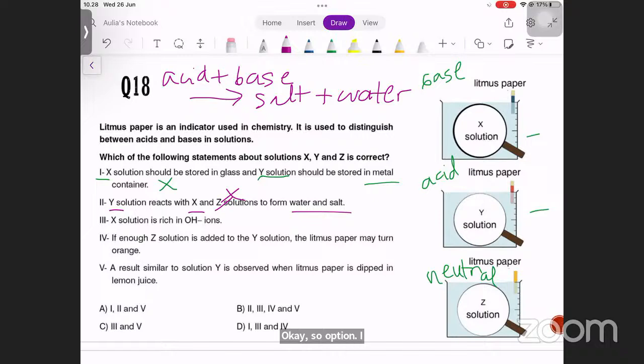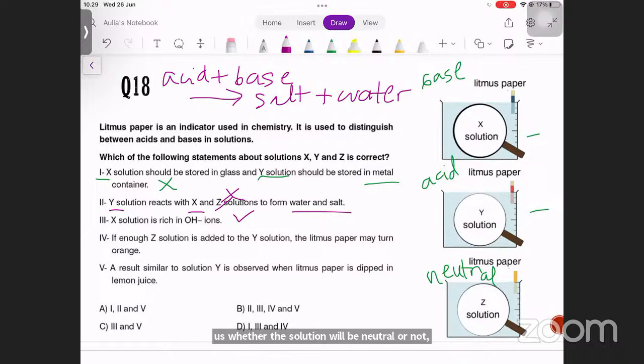Statement three, X solution is rich with OH ions. As you know, I believe base contains OH ion, acid contains H plus ion. So yes, statement three is correct. What was statement four? If enough Z solution is added to Y solution, the litmus paper may turn orange. So the statement asks us whether the solution will be neutral or not, right?